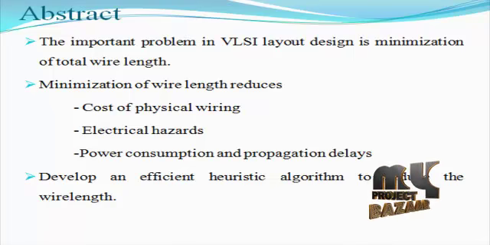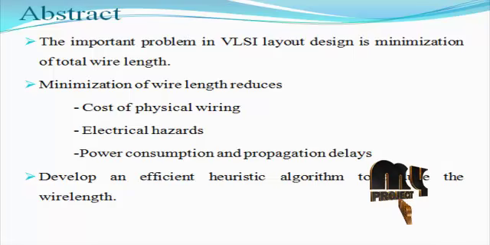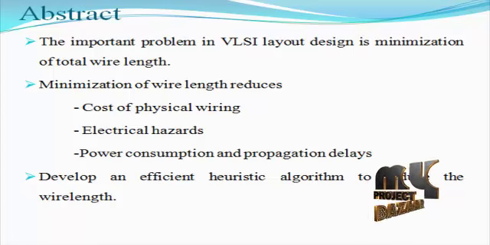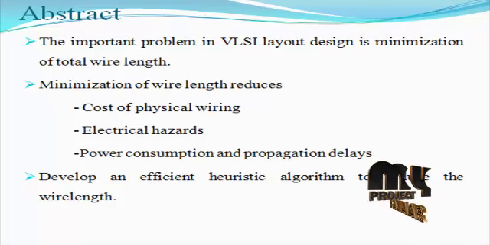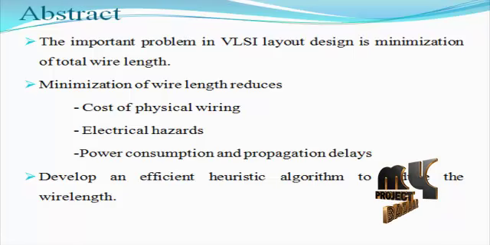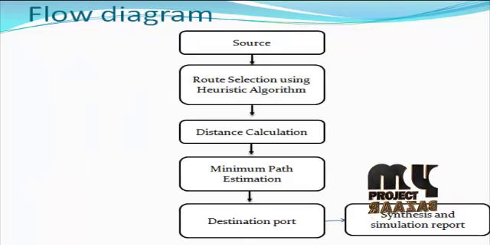Since minimizing the wire length of routing in two-layer channel routing is NP-hard, it is interesting to develop a heuristic algorithm that computes a routing solution with total wire length as low as possible. In this paper, we develop an efficient heuristic algorithm and approach for reducing total wire length using a distance-based algorithm for the overall architecture.